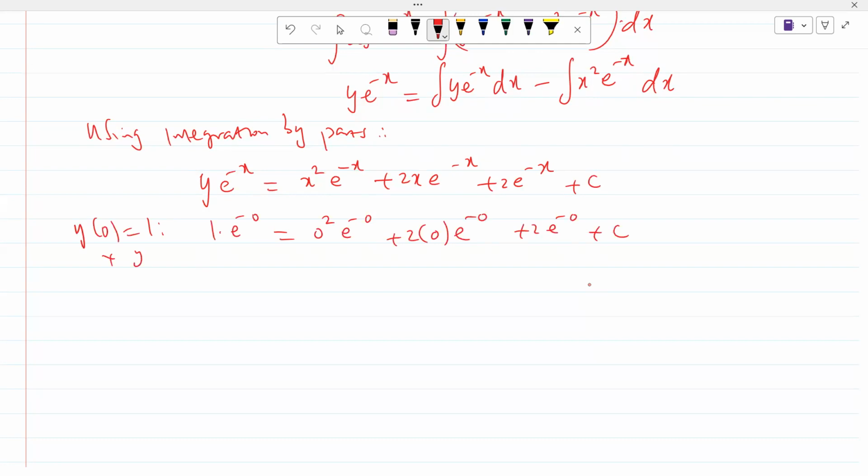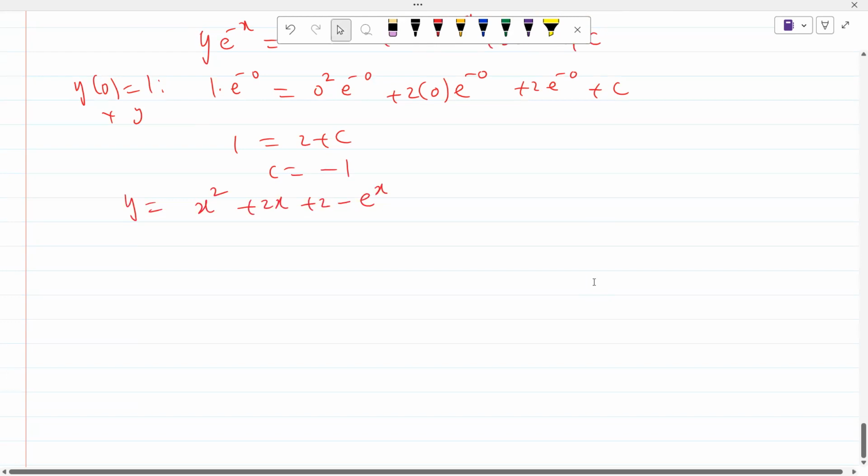Then we need the constant c, which means 1 is 0 plus 2 plus c, so c is minus 1. Having obtained c to be minus 1, we can rewrite that x squared plus 2x plus 2 minus e to the x is the answer.